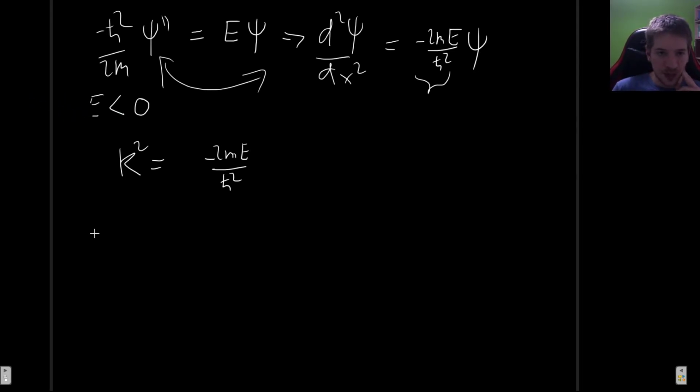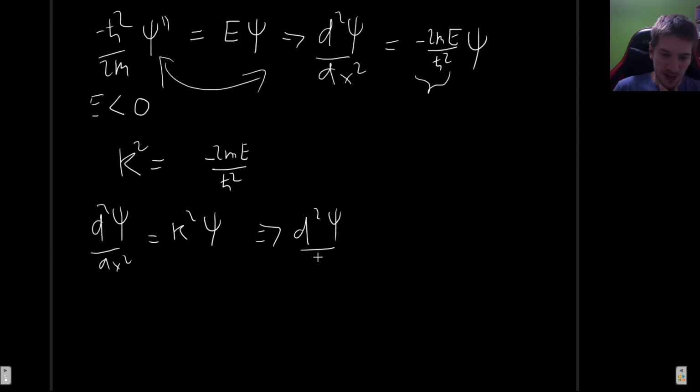So when we do that, we're just going to find that d squared psi dx squared is going to be equal to k squared psi, which is the same as to say d squared psi dx squared minus k squared psi equals 0. And this is something that we have solved many times in the past.